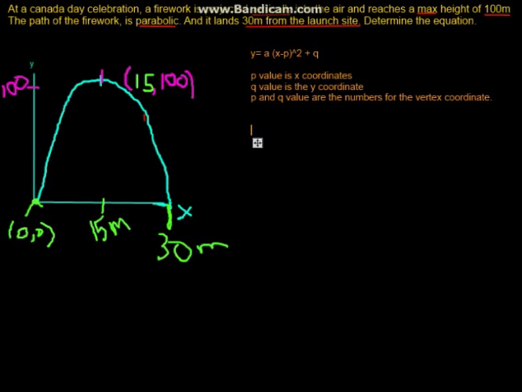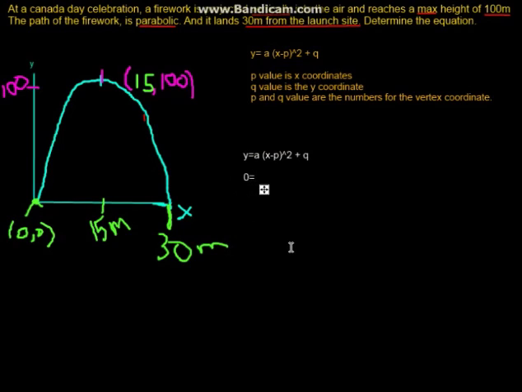Let's say y equals a, bracket x minus p, whole squared, plus q. Now, you can't use the vertex y twice. You're going to use the 100 down here because the q value is the y coordinate of the vertex. But you can use the origin, 0, 0.